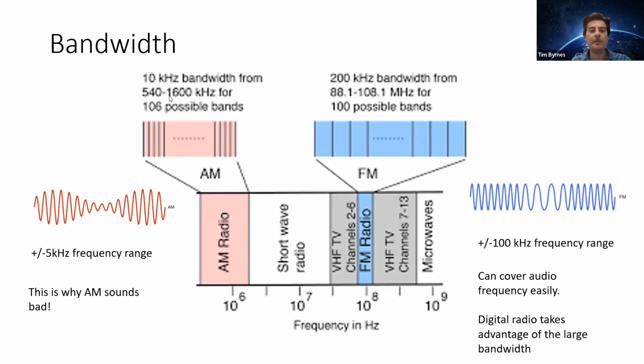So each radio station has some frequency range. Say the tuning is at 1000 kilohertz. Okay, so that's your tuning on your dial. In actual fact, it's 1000 kilohertz, but plus or minus 5 kilohertz either way. So the actual frequencies it's transmitting are somewhere between 995 kilohertz and 1005 kilohertz.